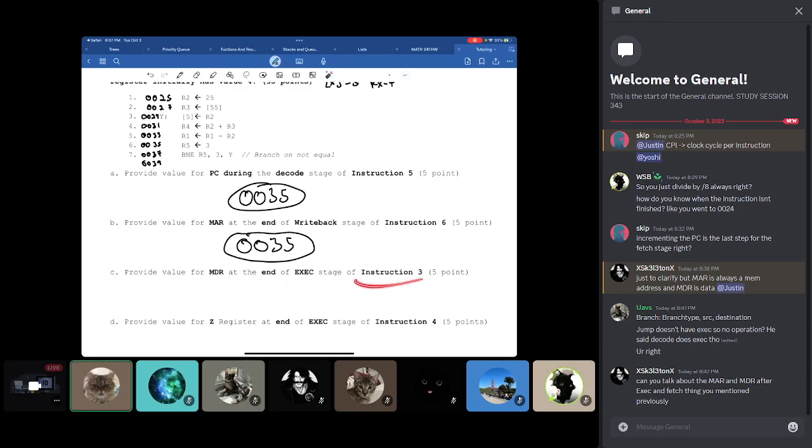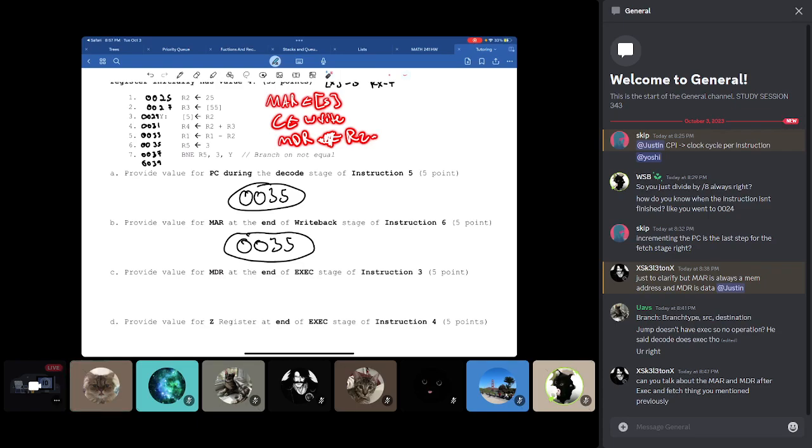So let's go to instruction 3. This is a store type. And we know that in store types, MAR is going to store value 5. Control is going to be set to write. And MDR is going to store, what is it? R2. Right?